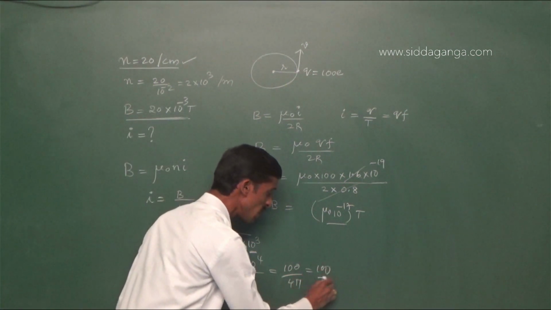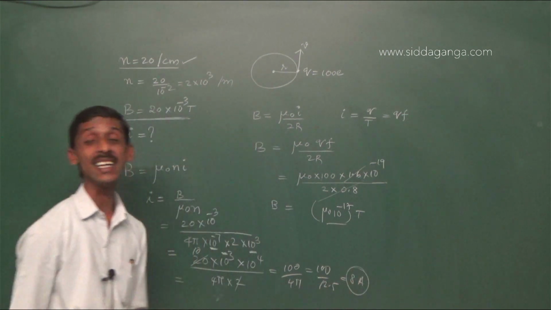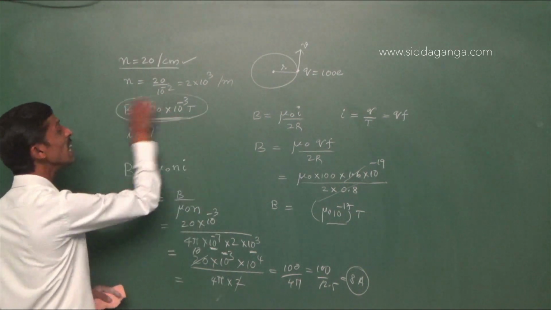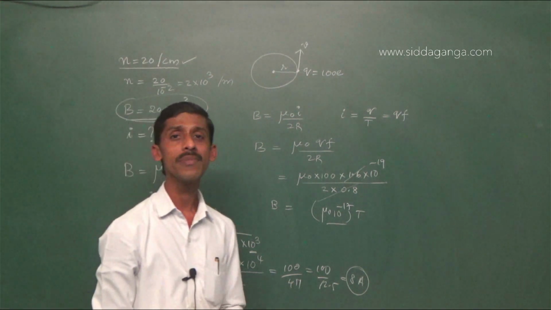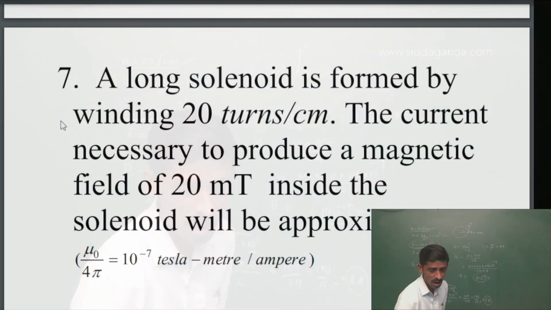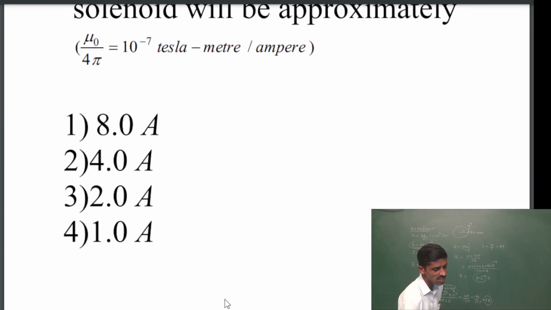So 100 by 12.5 is nothing but 8. So 8 ampere is the current required in that solenoid to produce the magnetic field of 20 millitesla. What is the current required? Approximately 8 ampere, the first option.